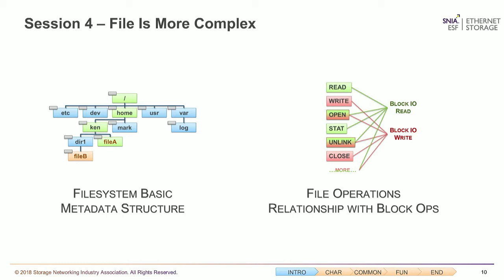So we went over and explained how that metadata lives and where it's put together and how it shows up, and how file operations don't align one-for-one to block operations, even though the number of operations in existence is kind of compatible. Both sides have more, except in block we care about which ones, Chris? Reads and writes. Just reads and writes. What about everything else? Yeah, pretty much just reads and writes. And in file, reads and writes are just normal.